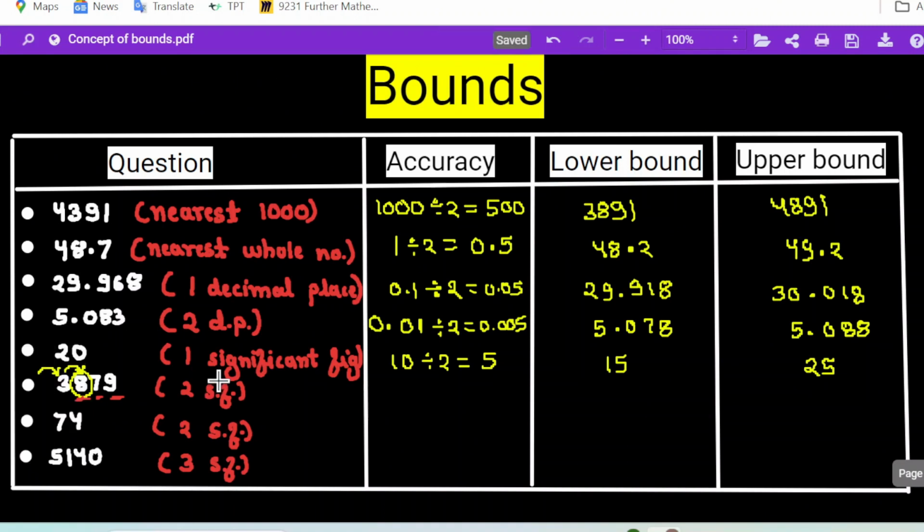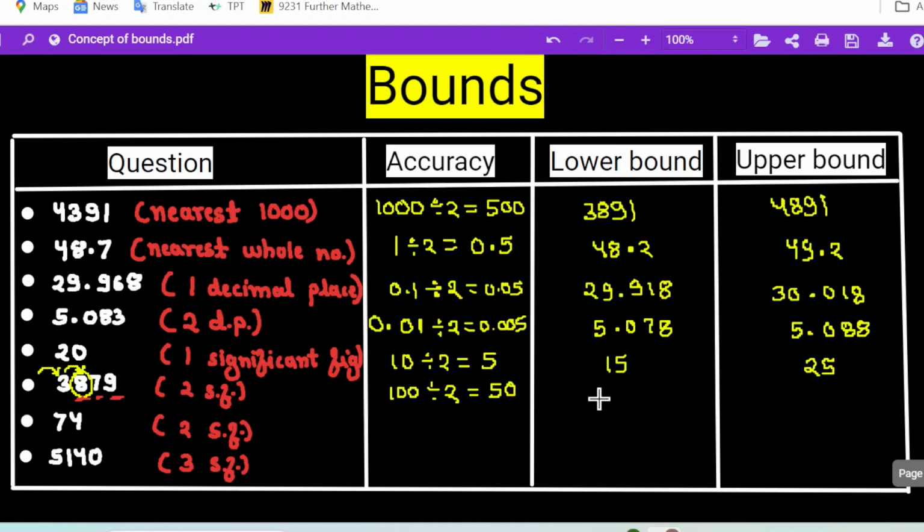So for this one, it would be 100 divided by 2, and 100 divided by 2 is going to be 50, right? We simply add 50 and subtract 50.